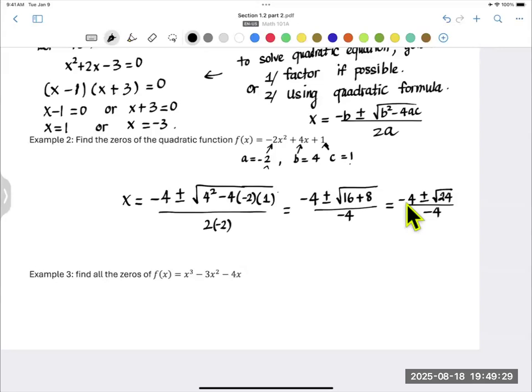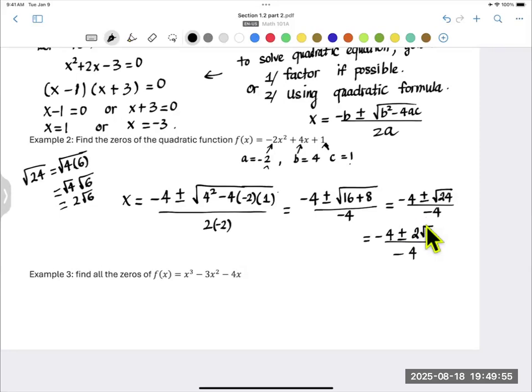And we're going to simplify more: the square root of 24 is the square root of 4 times 6, and the square root of 4 times the square root of 6 is 2 root 6. So we can actually write this as -4 plus and minus 2 root 6 over -4.